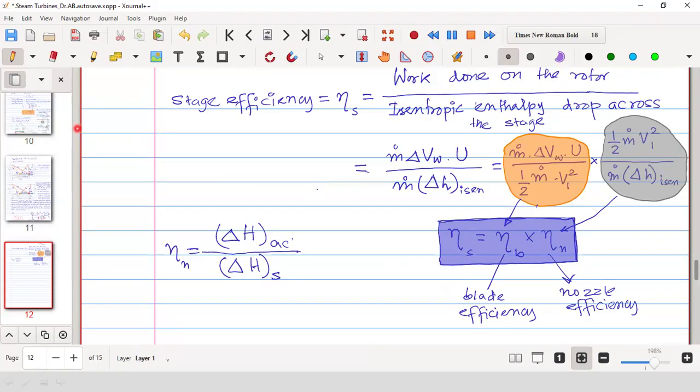If it is not an isentropic process, then there will be some loss due to friction.